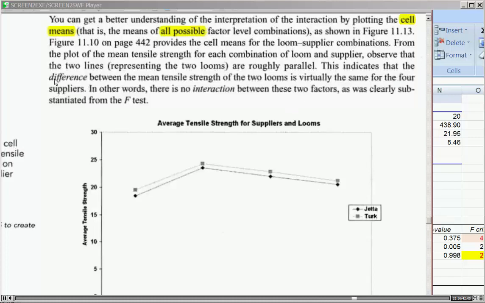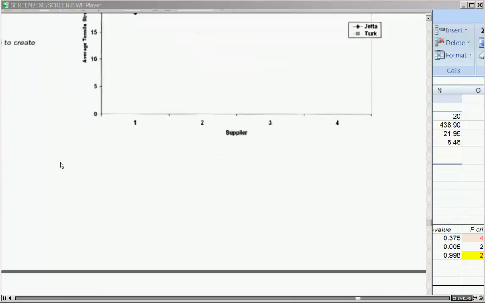This indicates that the difference between the mean tensile strength of the two looms is virtually the same for the 4 suppliers. In other words, they do not intersect anywhere. There is no interaction between these two factors, as was clearly substantiated from the F test.